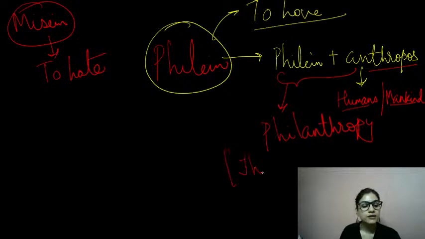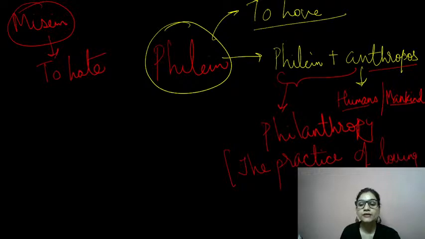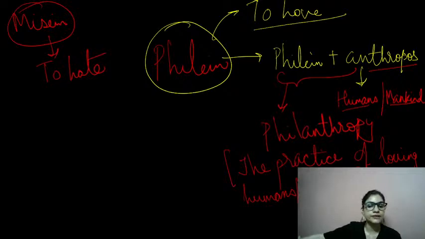Philanthropy is the practice of loving humans or mankind. जनरली देखा होगा लोग अपनी प्रोफाइल से मेंशन करते हैं मैं फिलैंथ्रोपिस्ट आई फॉल इन लव विद ह्यूमंस आई लव ह्यूमंस राइट. देयर आर पीपल हु हेट ह्यूमंस, मिज़ांथ्रोपिस्ट होते हैं, कि मतलब उनका मन करता है कि बिल्कुल आइसोलेटेड जगह पे चले जाएं, नो ह्यूमंस बेटर. इट्स काइंड ऑफ दैट. राइट ऑन द अदर हैंड देयर आर पीपल हु फॉल इन लव विद द पीपल हु आर ह्यूमंस, आई मीन विद द ह्यूमंस, राइट. दैट इज अ फिलैंथ्रोपिस्ट, a person who falls in love with the humans or the mankind, right?